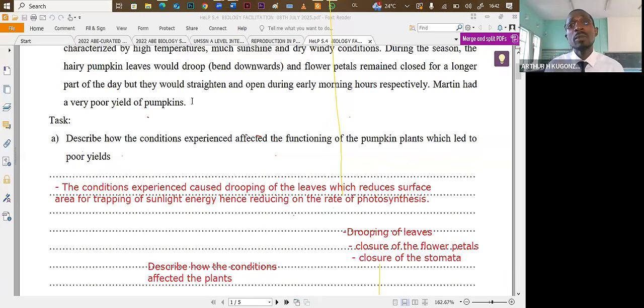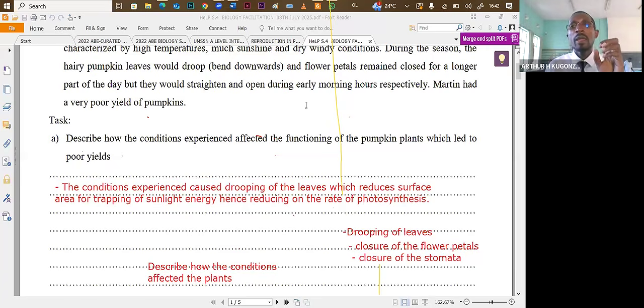I don't know if there are schools or a group which has finished. So type your answer in the chat. I'm going to access it from there. Or if someone wants to read it openly, you can raise up the hand. You can use the icon for the hands up. Then I give you an opportunity to read loudly your response.